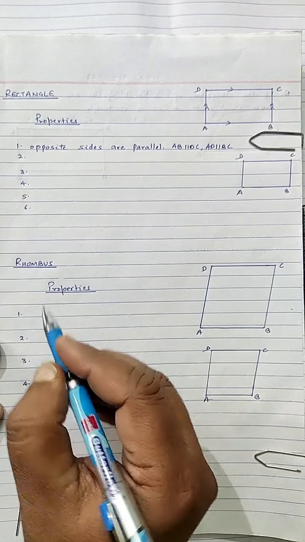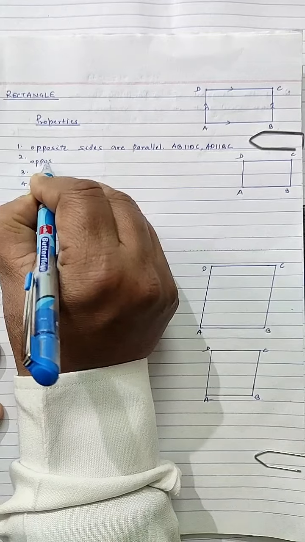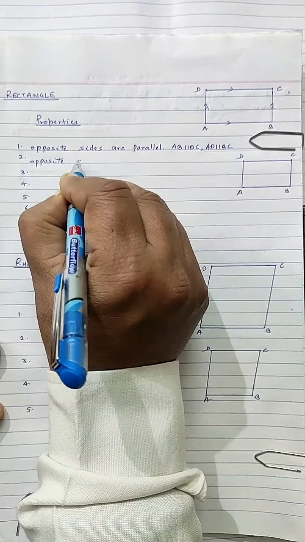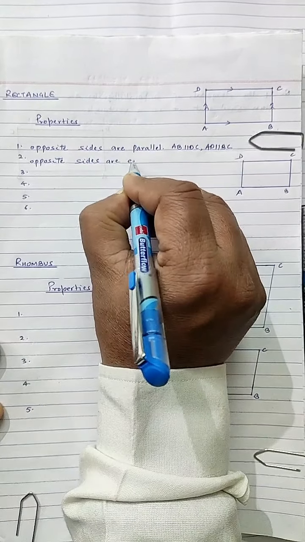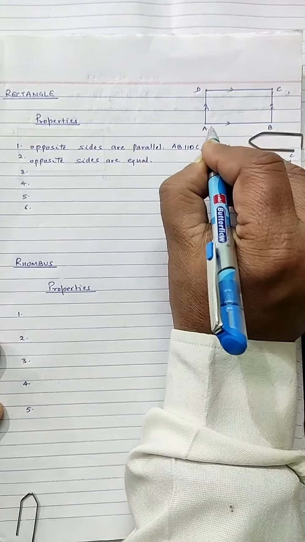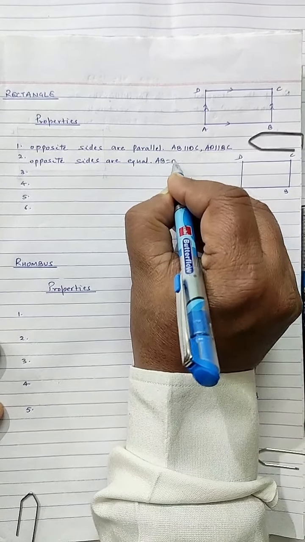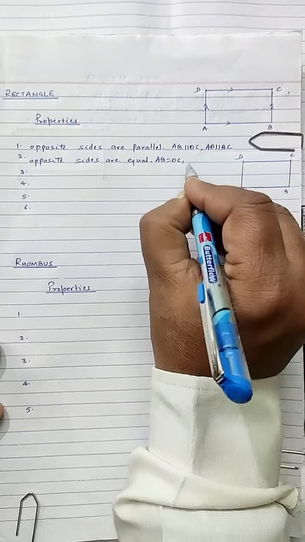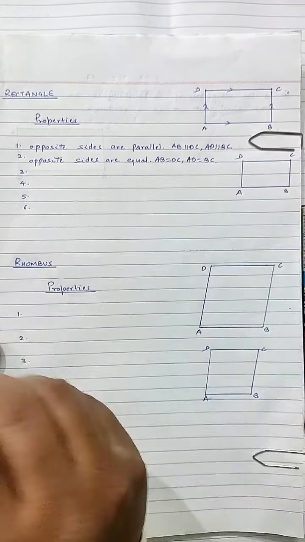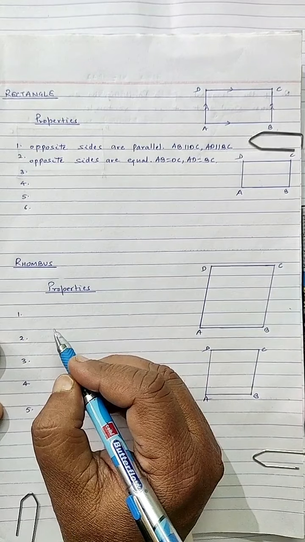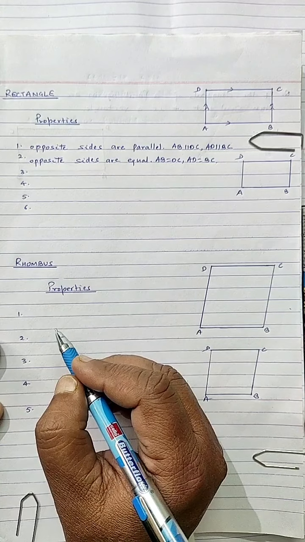Then opposite sides are equal, means AB and DC are equal and AD and BC are equal. So there are two pairs of equal opposite sides in a rectangle.